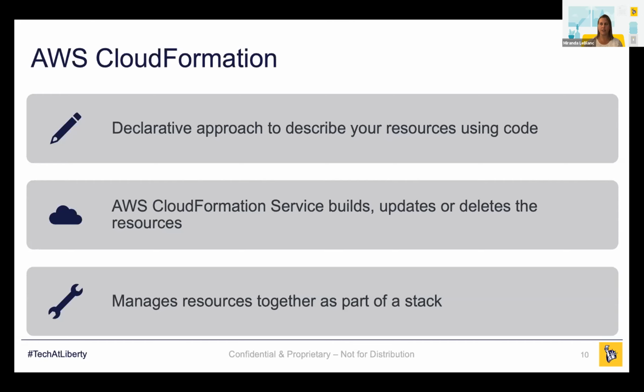So the CloudFormation service does all those CRUD operations. And then all of those resources that are provisioned as part of that one template become a stack, and those resources can be managed together. It helps simplify your deploy process because it's all repeatable and using configuration as code.